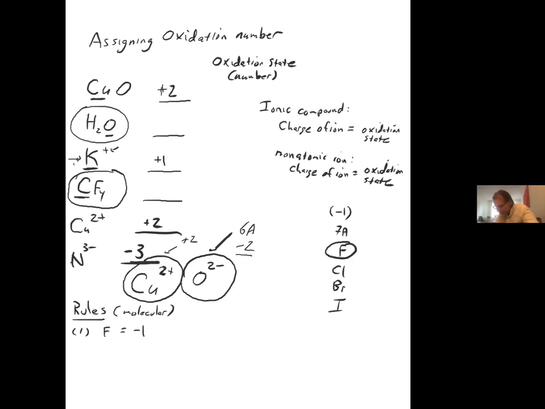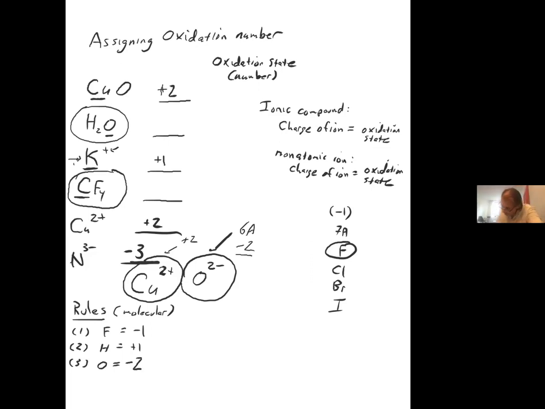So the second rule is that hydrogen is +1. And again, that's not so bad either because hydrogen is in group 1A and we already know about the hydrogen ion from acids, so +1 is not that unusual. The third one is that oxygen is -2.